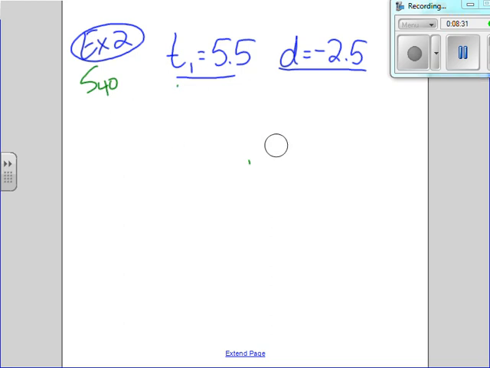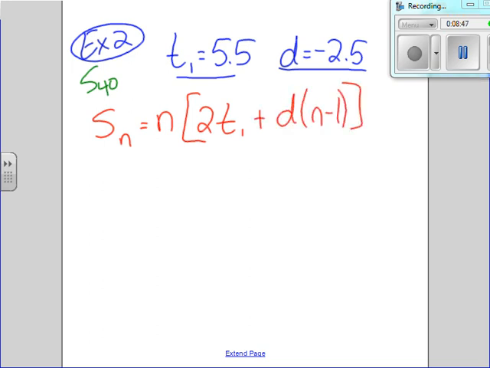What I can use, though, is the second formula. So if I write that out, that's S of N is equal to N times 2T1, and you can go back to your formula sheet to remind yourself of this, plus D times N minus 1, all over 2. Let's check things out. Do I have what I need?